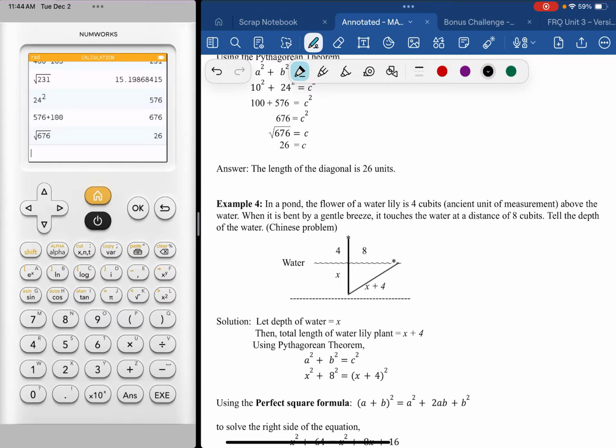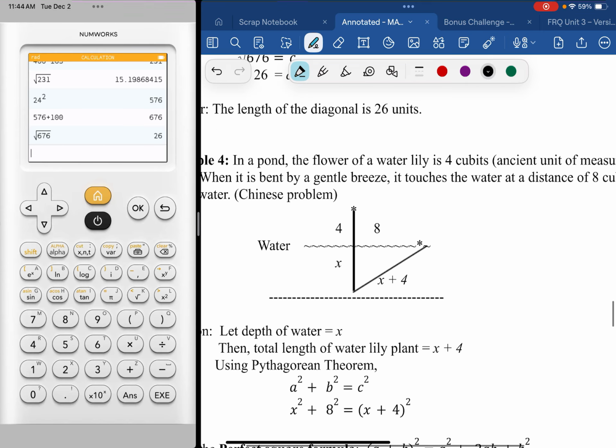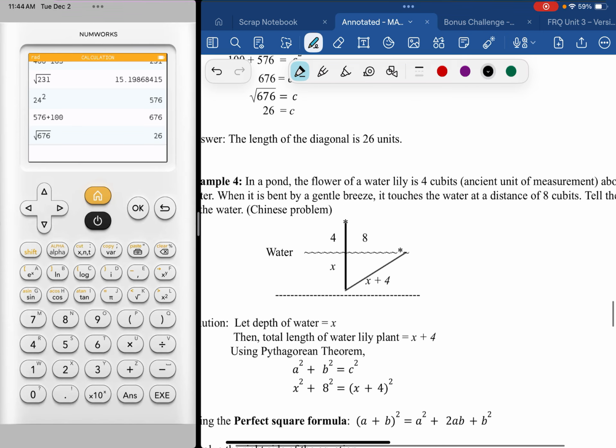So, an ancient Chinese question, academic. We want to know the depth of the water, so we define that as a variable. The total length of the water lily plant would then be x plus 4.